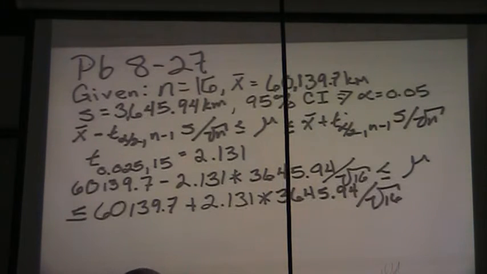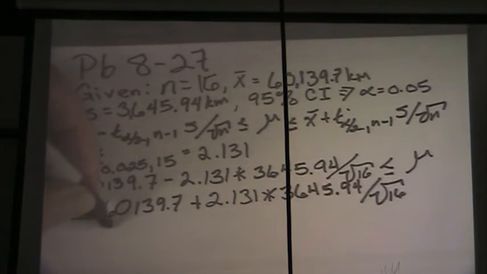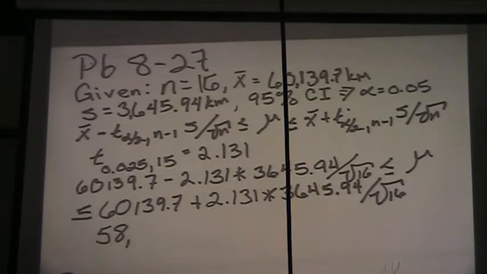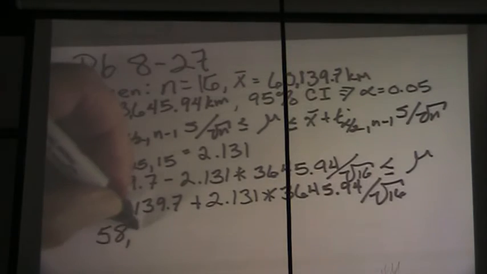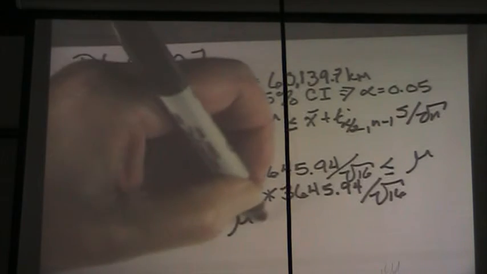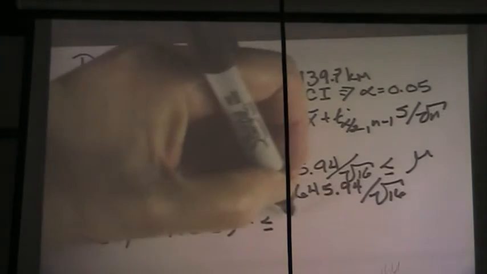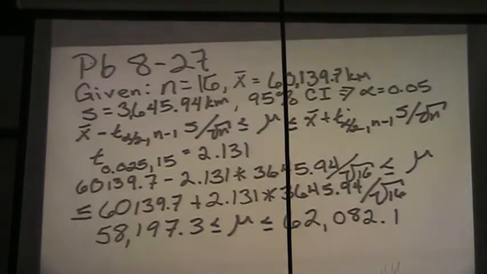So the lower bound is 58,197.3, less than or equal to mu, less than or equal to 62,082.1. And both of these are in kilometers.